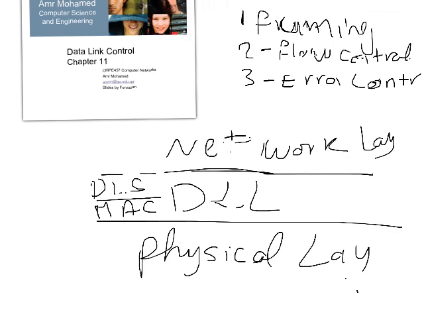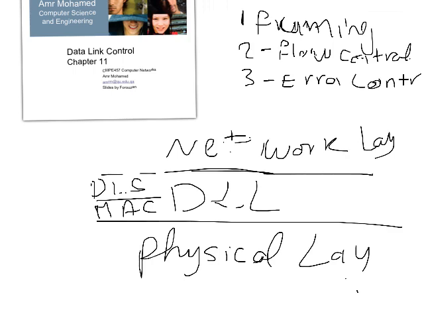Regardless of the physical medium itself, whether it's wireless or wired, the data link control sublayer is medium independent, unlike medium access control, which is medium dependent. The medium access control really depends a lot on the physical medium. And that's why for Ethernet, for wired networks, we have CSMA/CD.